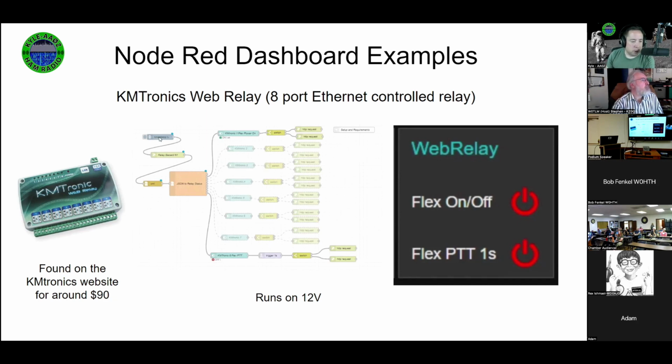Again, it starts off with a timestamp node, and every 3 seconds it restarts the flow and goes out and queries what state the relays are in, and reports back through this big if-then-else statement. Then it asks whether you want to turn on and off based on a switch here, and reports it back to the dashboard.